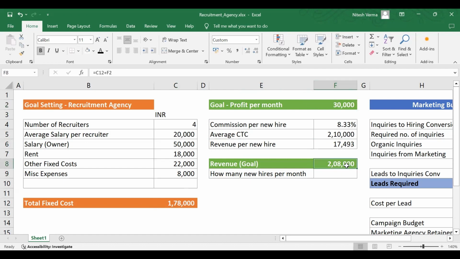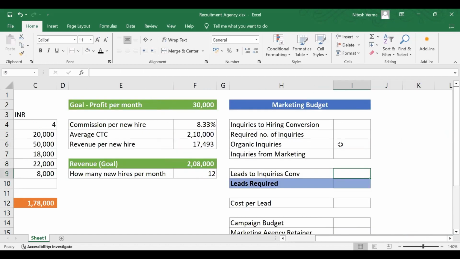So if they want to earn 208,000 and their revenue per new hire is 17,493, how many new hires per month do they require? They need 208,000 divided by 17,493. So they need to hire 12 new candidates every month to earn a revenue of 208,000.